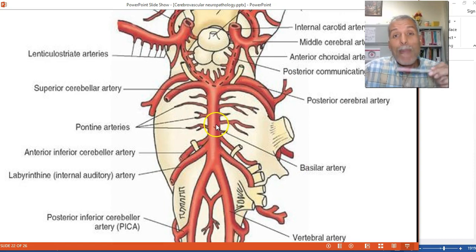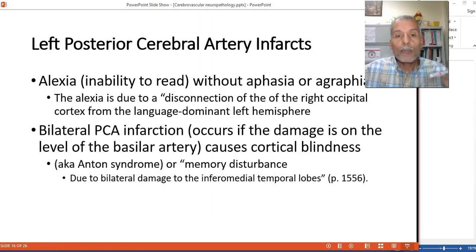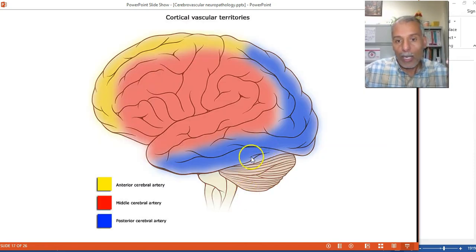So we're speaking about a major, massive branch that is going to cause significant damage. If it is bilateral, on the level of the basilar artery, that causes cortical blindness, a syndrome known as Anton syndrome, and memory disturbance, because of the bilateral damage to the inferomedial temporal lobes, as you could see here.